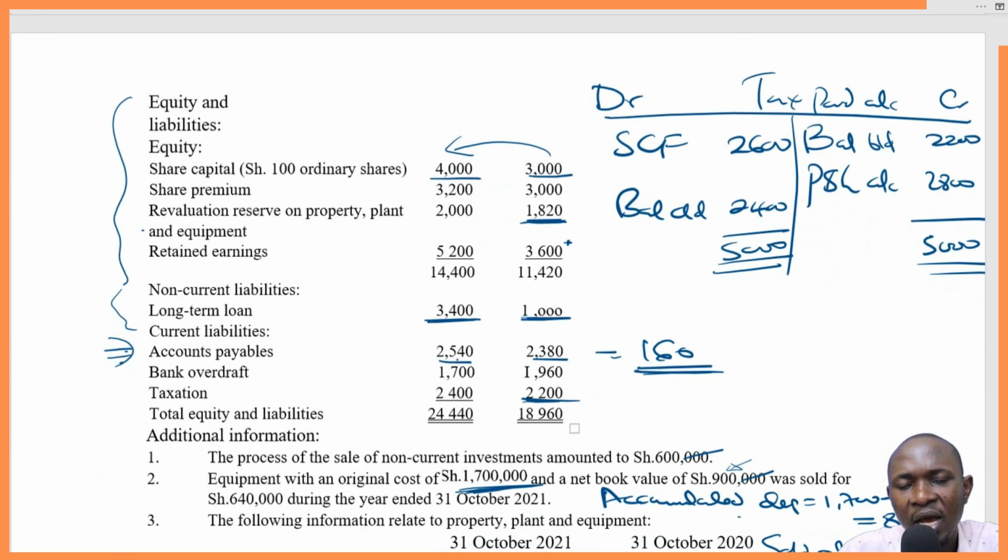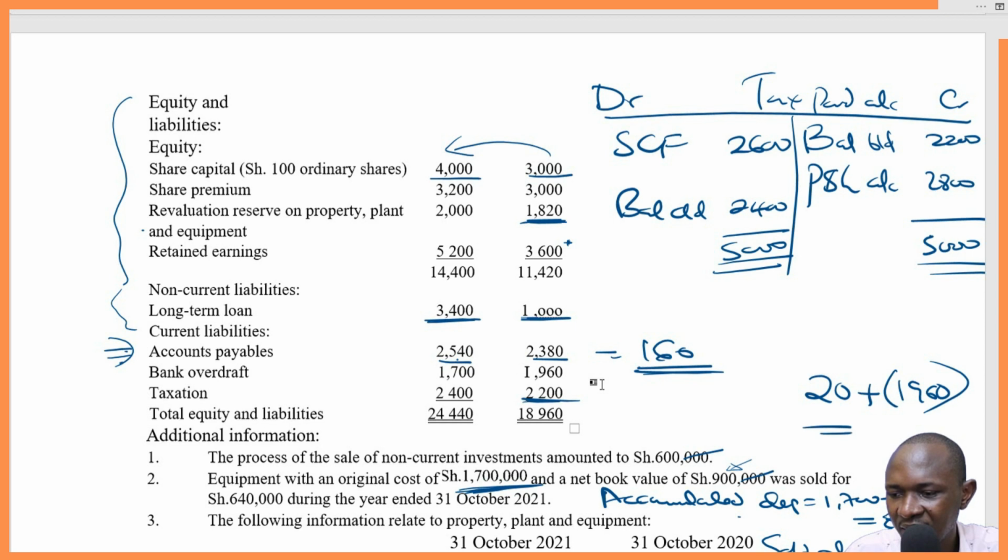Then we check if we have bank overdrafts, because bank overdrafts are treated as short loans, supposed to be paid within a short period of time. And wow, there we have. So our assets were only 20 plus an overdraft of 1960.